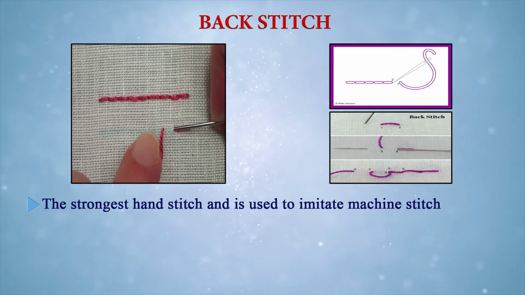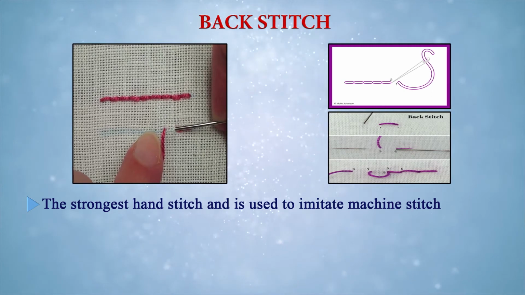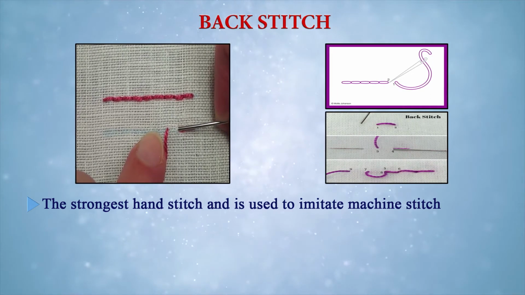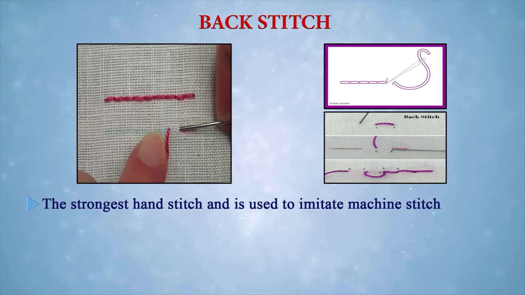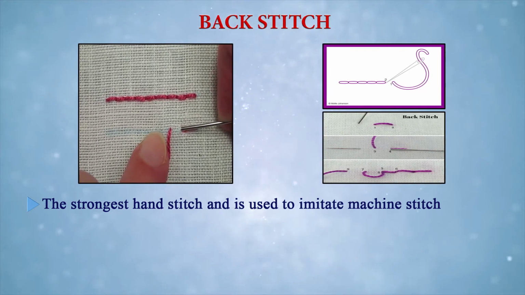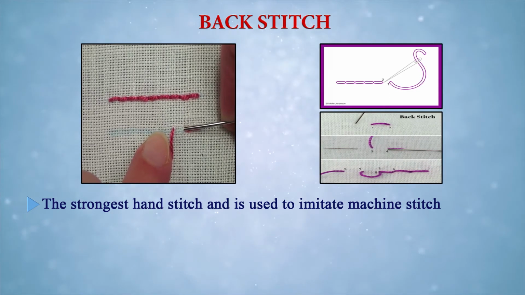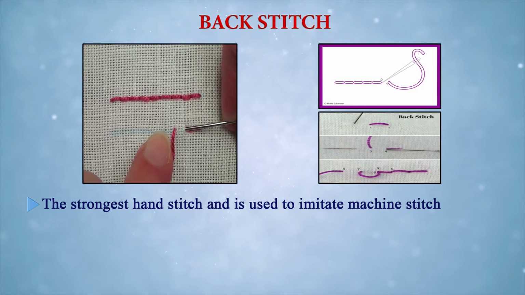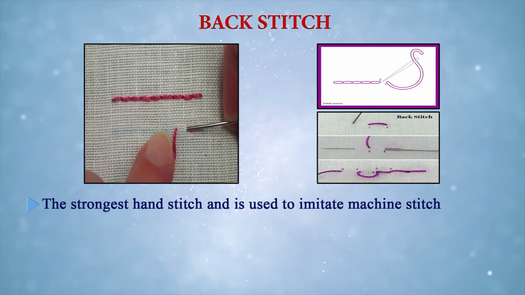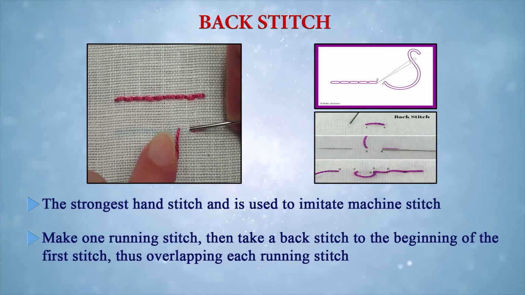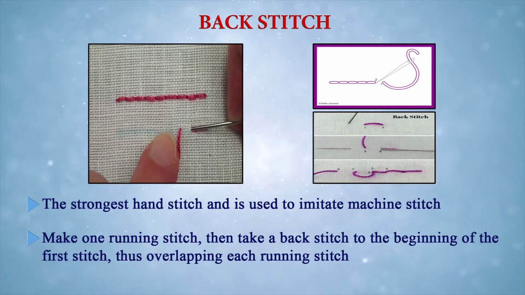We take a needle, insert a thread in the needle, then make a knot at the end, as we generally do in any type of hand stitching. Then insert the needle in the fabric and make one running stitch.